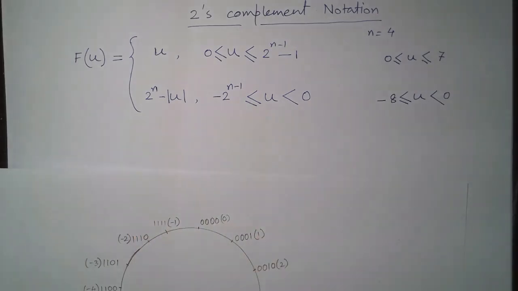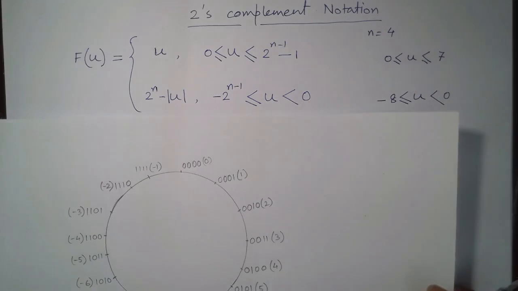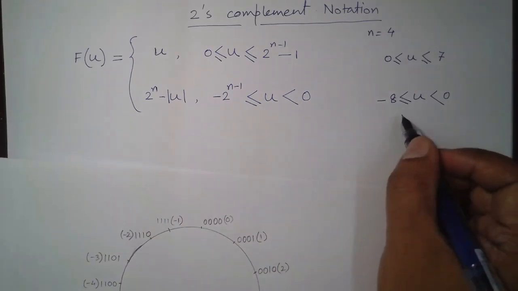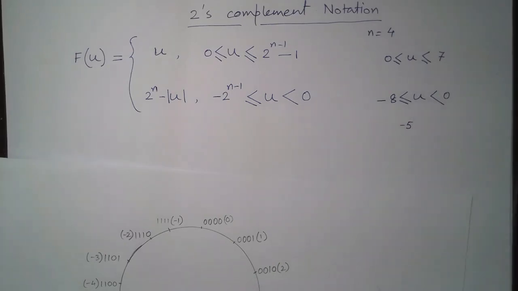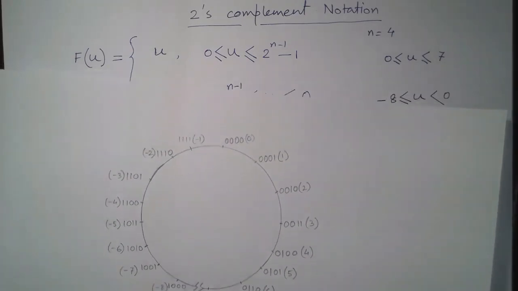So again, take an example. Let's say we want to represent minus 5. So what will be the representation in our number circle?